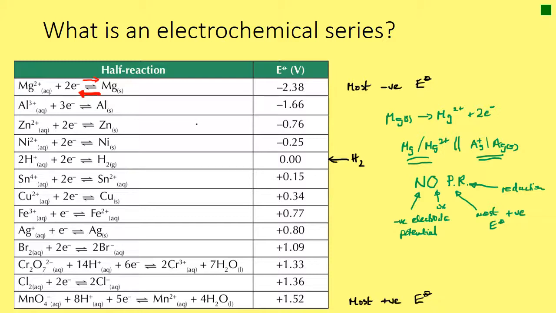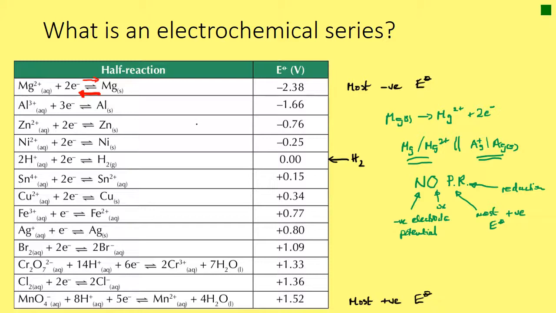And while we're here, why don't we have a reminder that when we put two half cells together, the one with the most negative electrode potential is going to be the oxidation reaction, and the one with the most positive electrode potential is just going to go in the direction of the reduction. So say, for example, we had magnesium and, let's use silver, for example, as two electrodes.